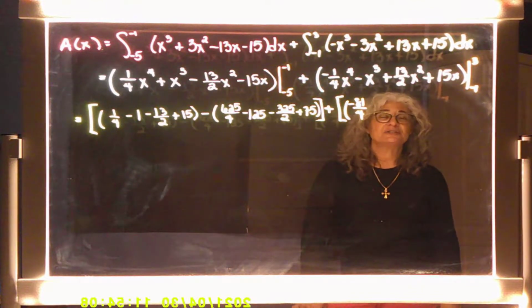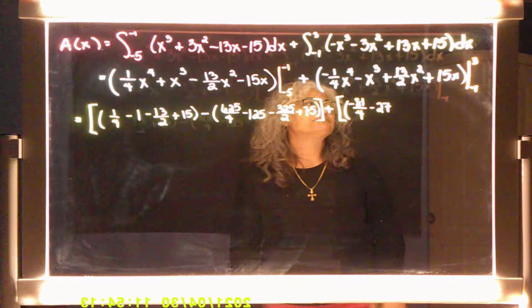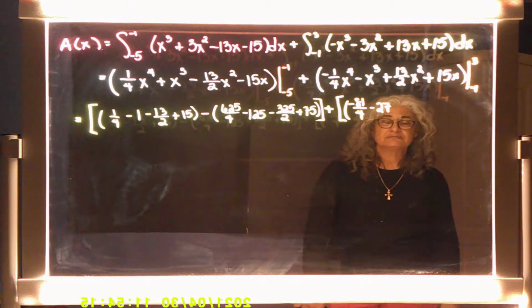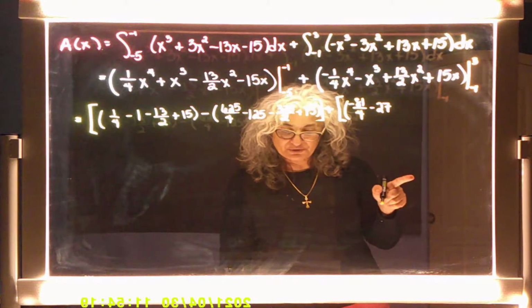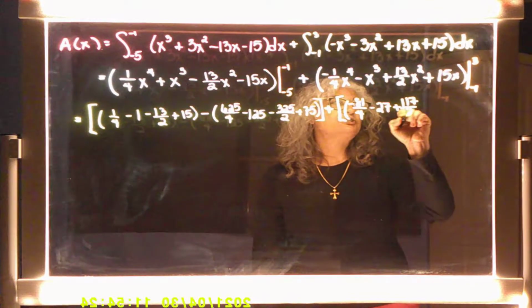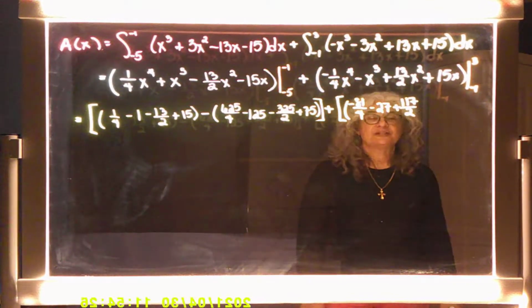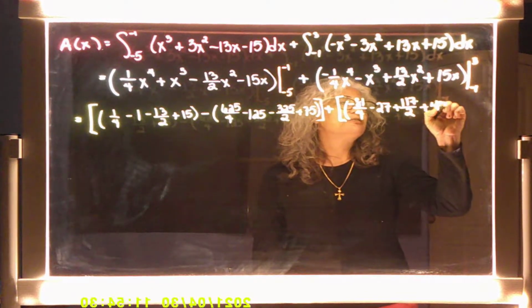What's 3 to the third? 27, so minus 27. 3 squared, that's 9. And now I have to do 9 times 13 over 2. I got positive 117 over 2. And then 3 times 15, plus 45.